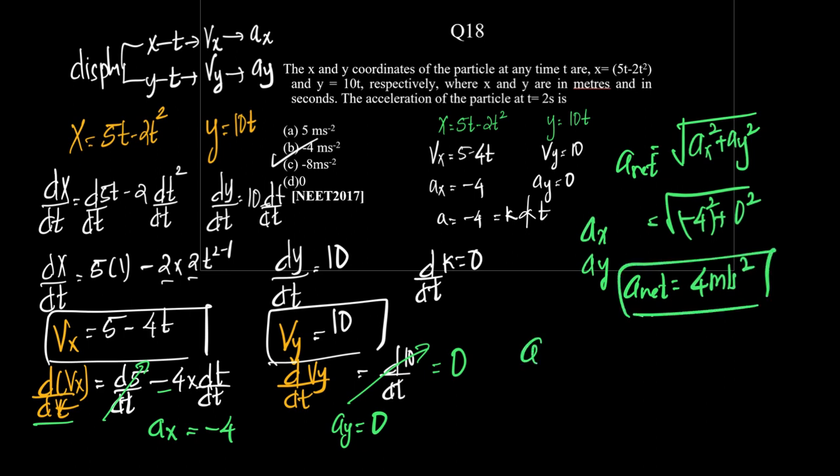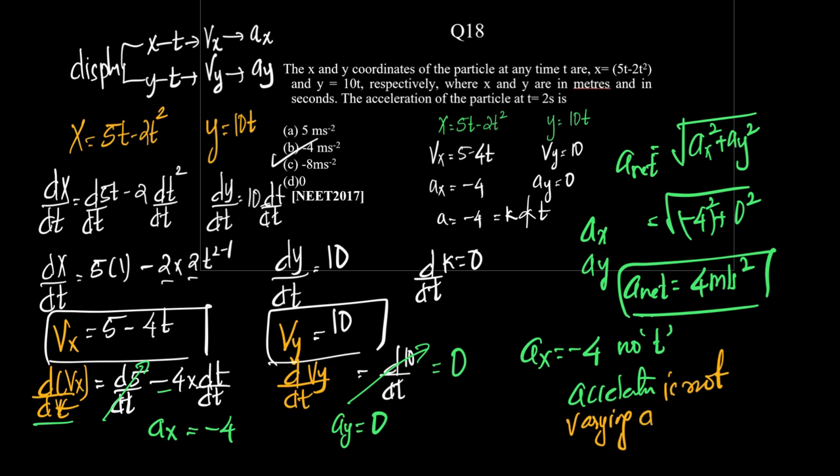And since ax is equal to minus 4, since there is no t involved here, this means that acceleration is not varying according to time, or in other words, acceleration is a constant.